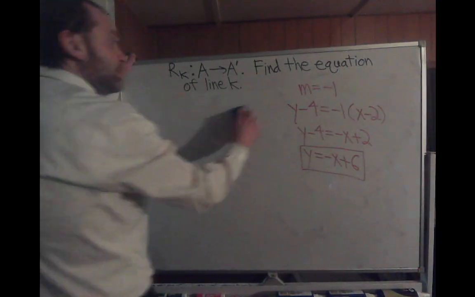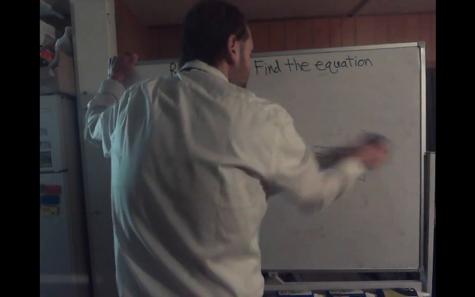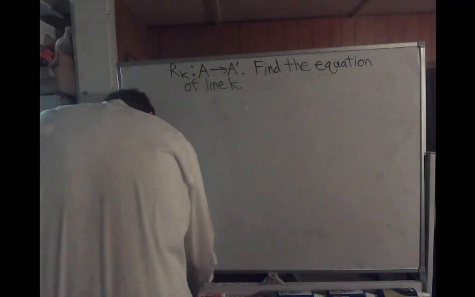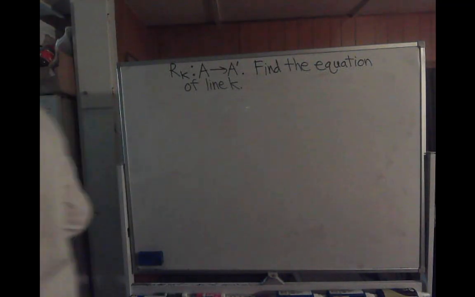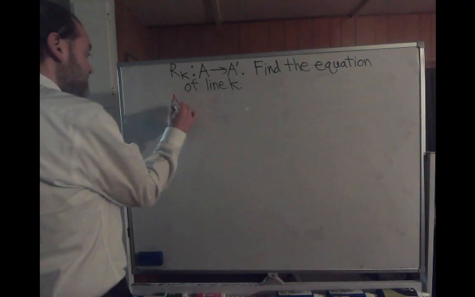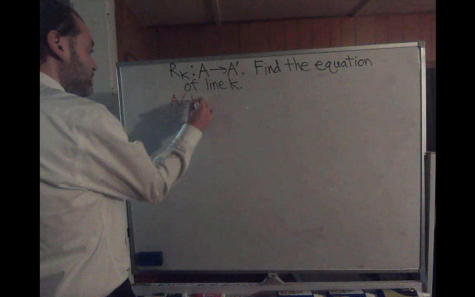All right, one more and then we're done for the day. One more and we are done for the day. So A is found at the point negative 1, 2.